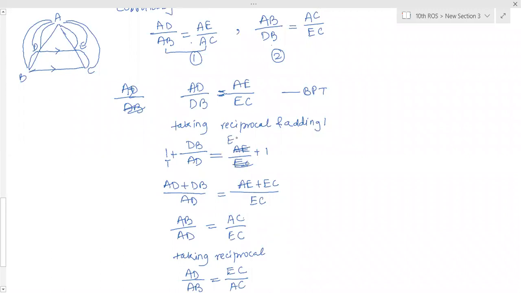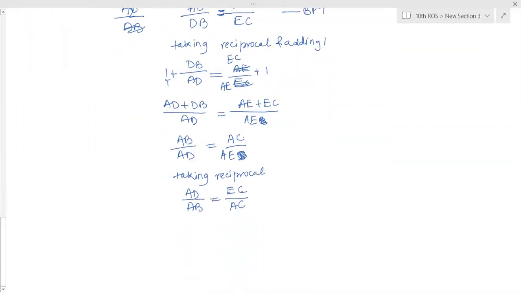No one told me this at that time. Ma'am, I realized it, but I didn't ask because I thought it was supposed to be like that. No, here reciprocal means both the sides reciprocal has to be done. Where EC by AE plus 1, then AE plus EC by AE should come. So it is AC by AE. Completely wrong, I have written on both the sides. So it is AE by AC.